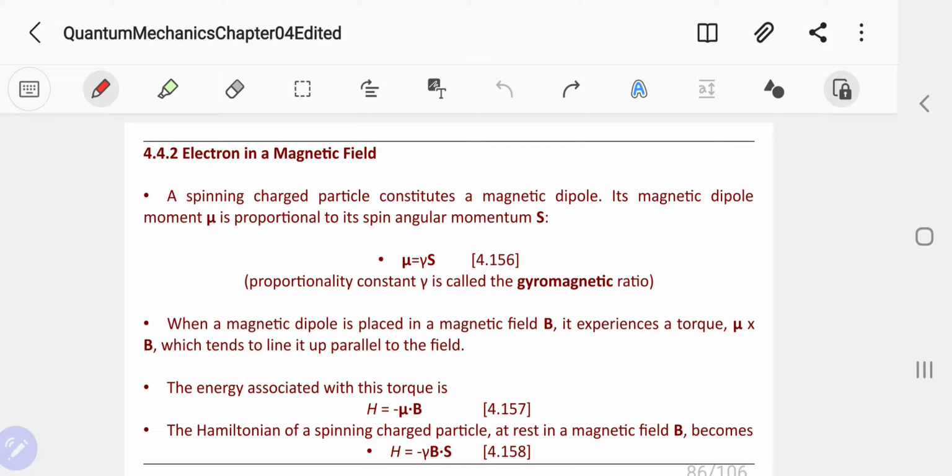Its magnetic dipole moment is proportional to the spin angular momentum S, and this is just this one.